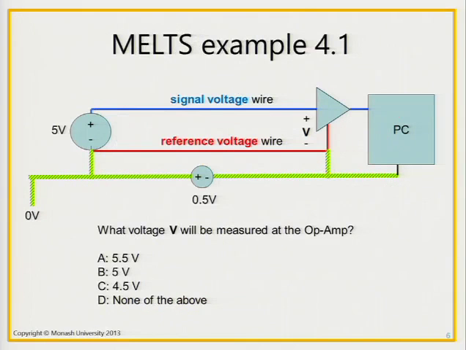Okay, so here is a quick example, just to test whether you understood what I've said. Have a go and figure out what the voltage is over here, this V here. What will be the voltage measured at the amplifier on the right-hand side? It's just a quick one. You should be able to look at the circuit and figure out from what I've just said what this voltage should be.